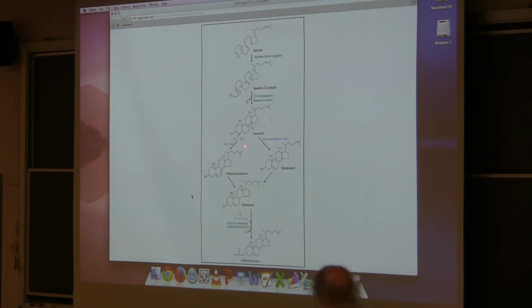And you would think it's a very simple pathway to go from lanosterol, which is this compound here, the first cyclic intermediate, down to cholesterol. But to get from lanosterol to cholesterol takes 19 steps. When I was a graduate student, I had to memorize every one of those 19 steps. And I vowed that I would always make my students learn every one of those 19 steps.